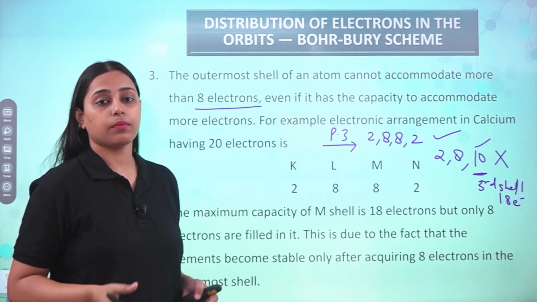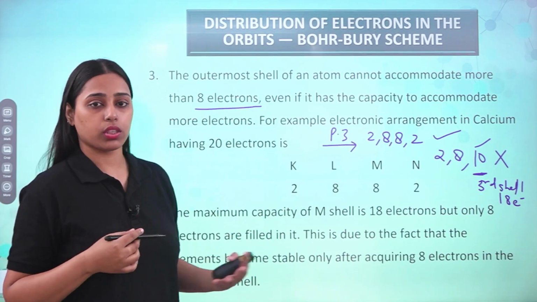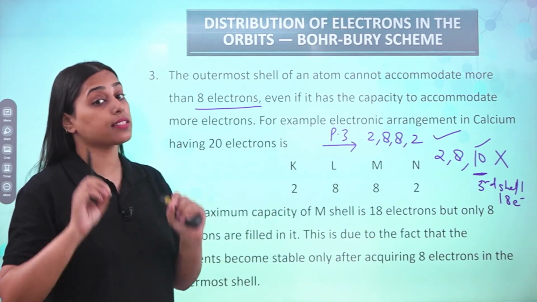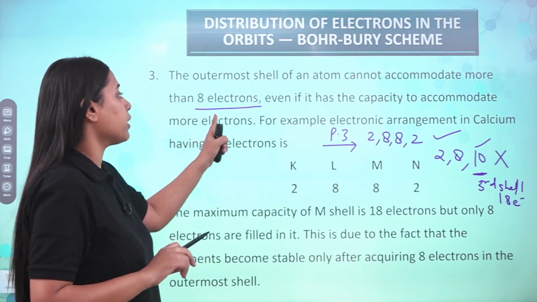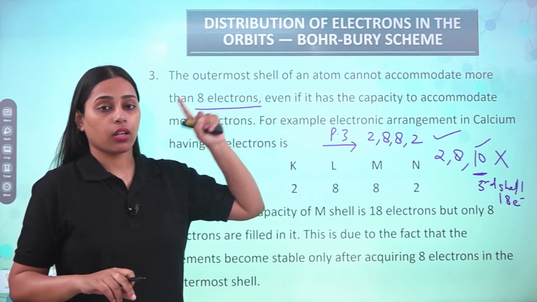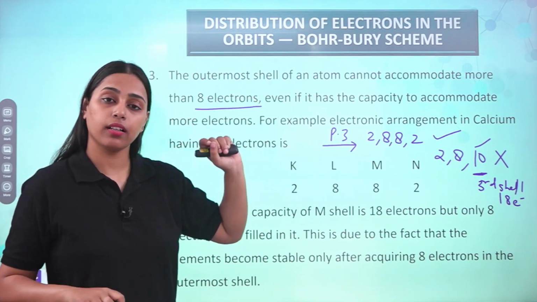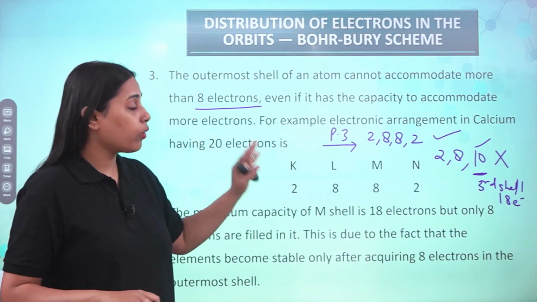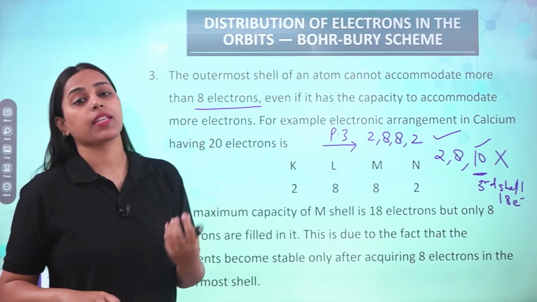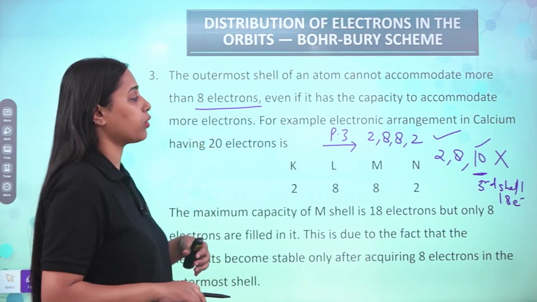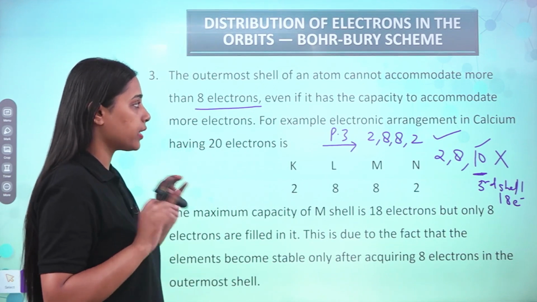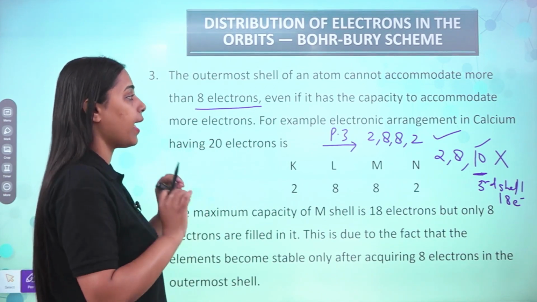So if an atom's last shell, outermost shell, has 8 electrons, then it is stable. So obviously more than 8 electrons are not going to be kept in the last shell. Even though it shows capacity to have more than 8 electrons, still you will not keep them.